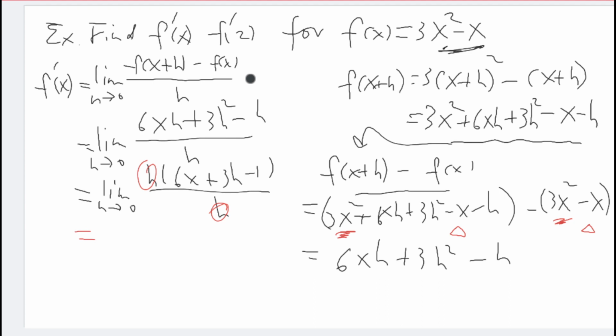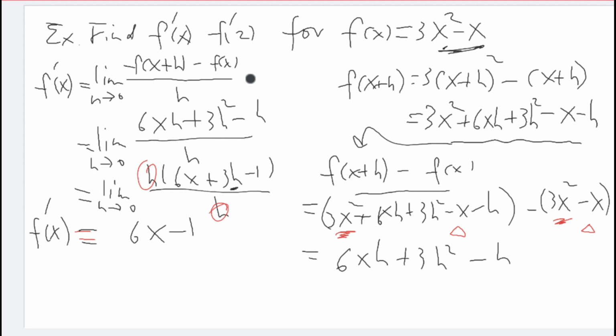Then send h to 0, so this term becomes 0. The answer is 6x minus 1. So f prime of x, as you can see here, the derivative, right, indeed is a function of x. It's 6x minus 1.